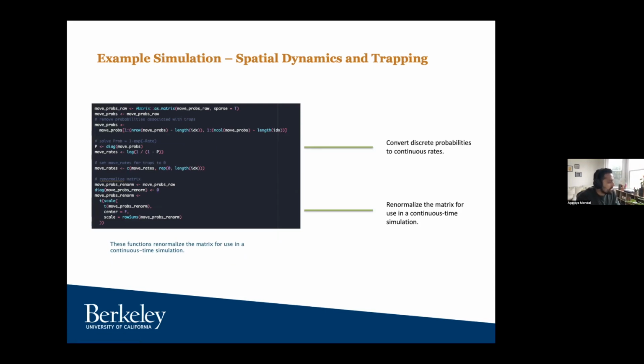And then, this is another thing that you don't have to worry about too much that we're going to move to behind the scenes, but essentially we have to renormalize the matrix to convert it from a discrete time probability space to a continuous time rate space. So we just calculate the rates based on the probabilities and then renormalize the matrix.